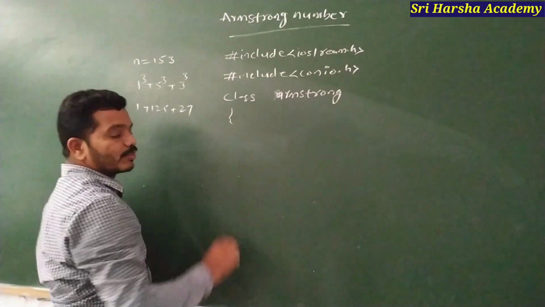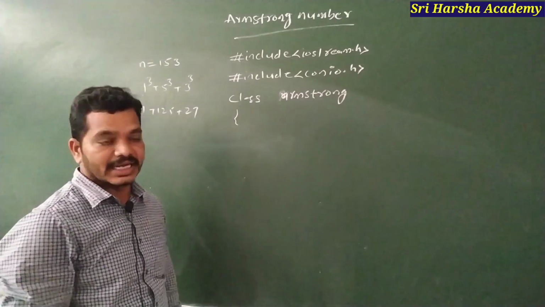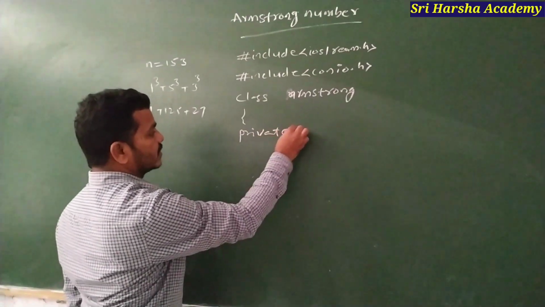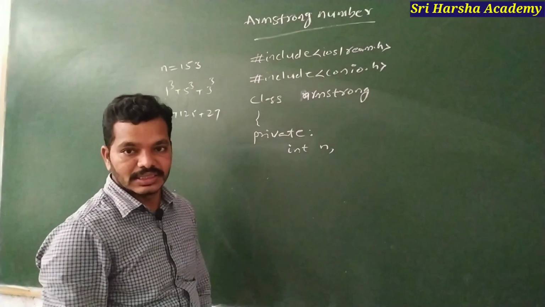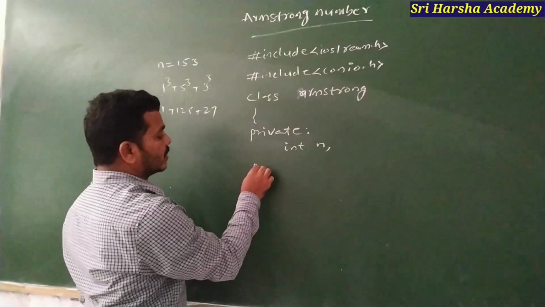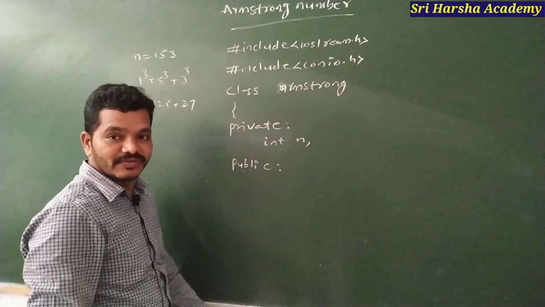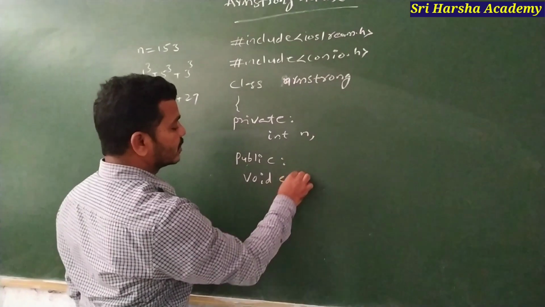Now I am going to declare variables here. Take n as private, integer n. Next, in public I am going to declare a function to enter the n value, that function is enter.